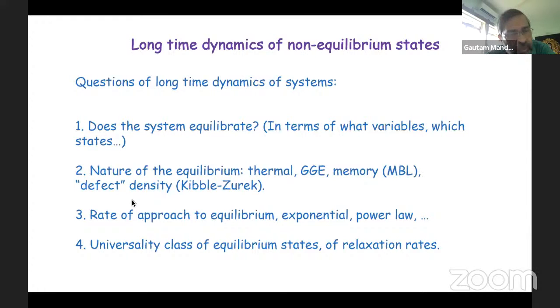So we are going to talk about quantum quench soon. After the quench, it can have a defect density as is known in the Kibble-Zurek transition.